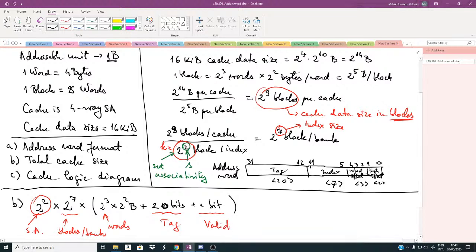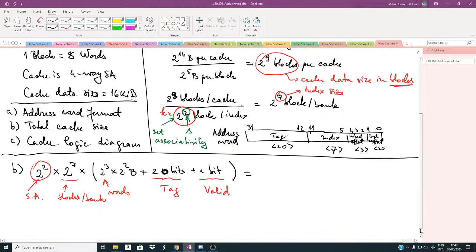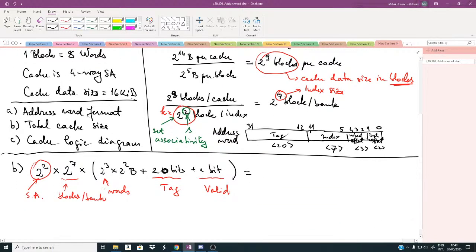Okay, so it would be like this, right? It is simple for me to split what's within the parenthesis as bits and bytes. Let's compute the bytes.